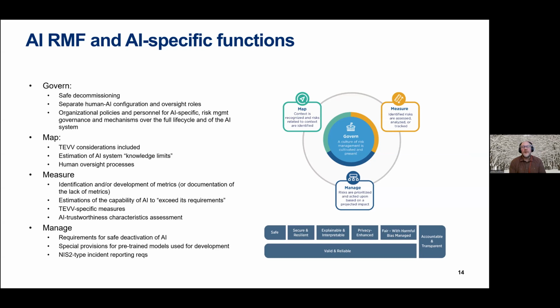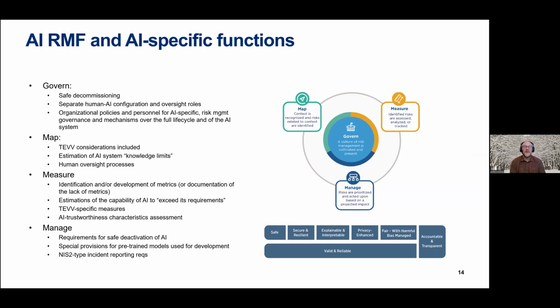And the goal of this process is to make the AI follow validity, reliability, accountability, and transparency. There's specific terminology used in NIST RMF for what they mean by validity and reliability, and these are the basic requirements.